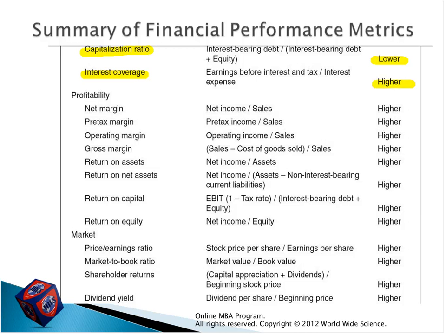We have some profitability ratios that we have done, which are the net margin, pre-tax margin, operating margin, gross margin, as well as return on assets, return on net assets, return on capital, and return on equity. We have done all these formulas. Some of them are new, but it is easy to read if you can see the formulas. All the items can be taken from your income statement and balance sheet.